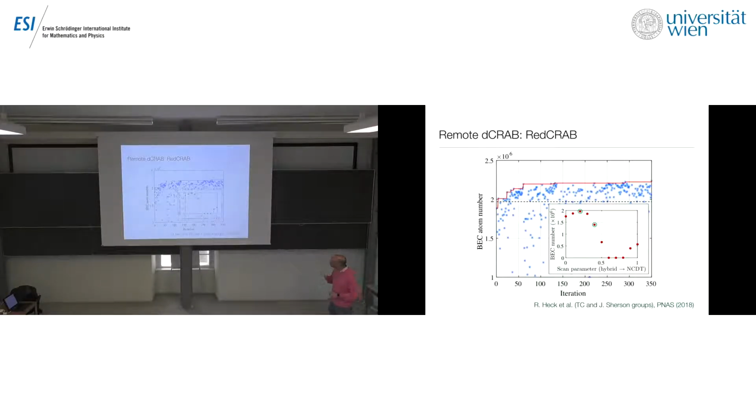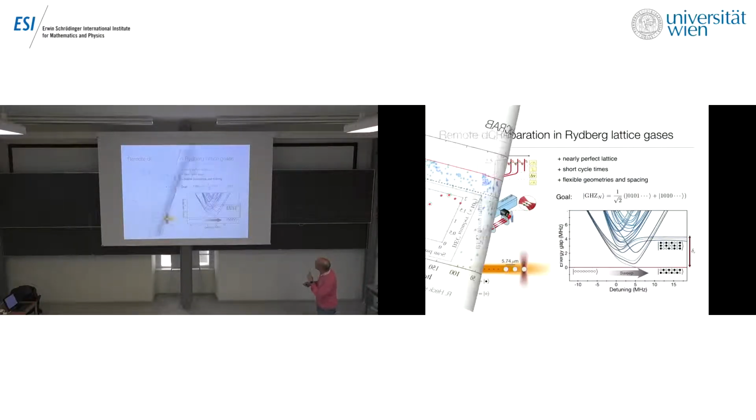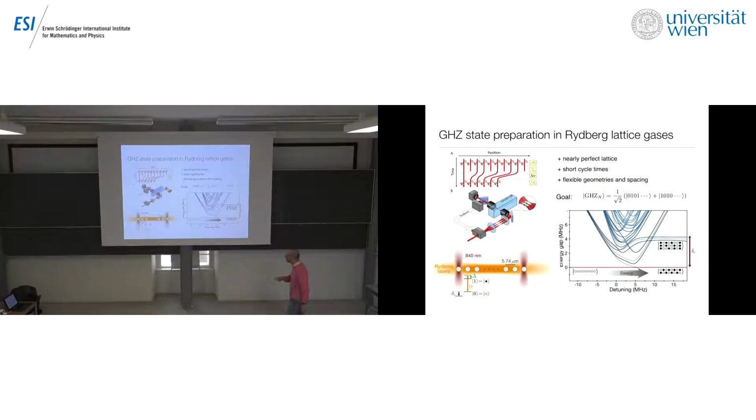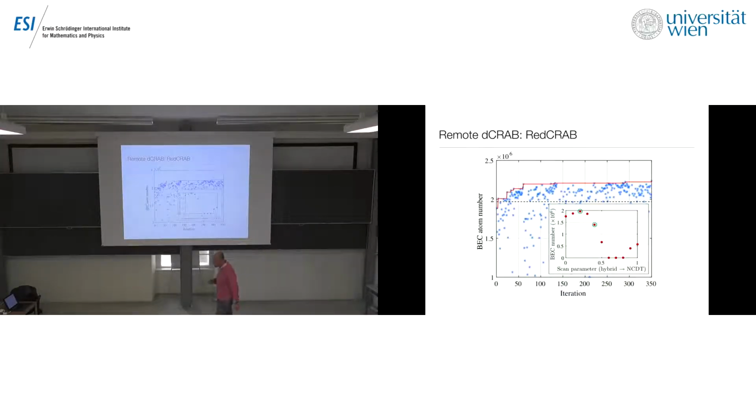What is even more interesting, I don't know if I have the slide here. No, I don't have the slide here, so let me just say it. What is even more interesting is that you can combine some of the solutions that the players found, some of the paths in parameter space that the human players found, which have certain characteristics, with some of the automatically calculated paths, and do hybrid optimization paths.